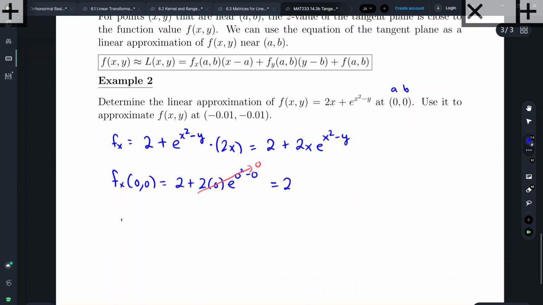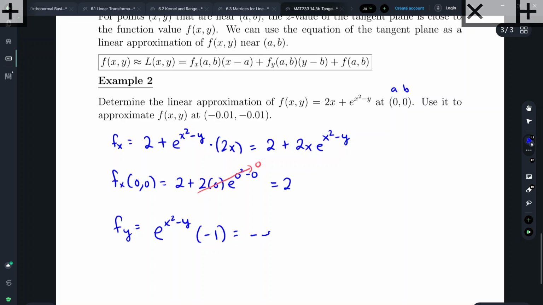Okay, so now the partial derivative with respect to y. So x is a constant, so this whole term goes away. And then the derivative of the exponential function is the same exponential function. But I have to do the chain rule, so differentiating inside. This is just x squared, so the whole thing's a constant, so that goes away. And then the derivative of minus y would be minus 1.